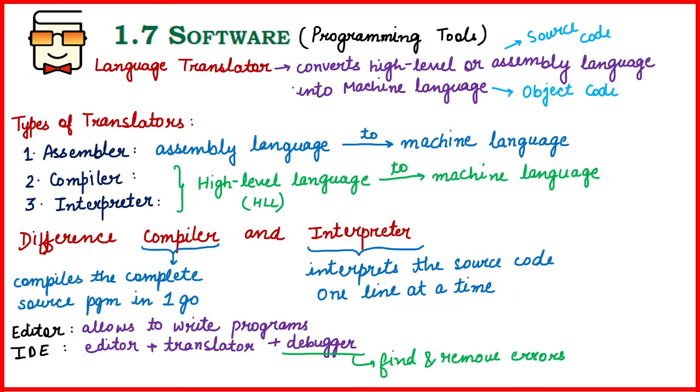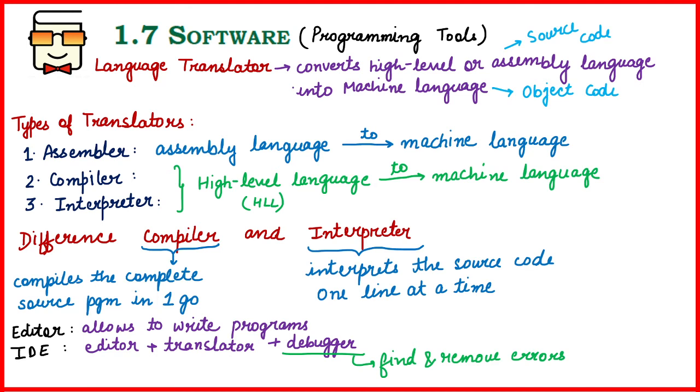Coming to the summary of this lecture, in this lecture we studied the second main type of software, which is the programming tools, and we studied language translators. As the name suggests, a translator converts a high level or assembly language code into machine language code.